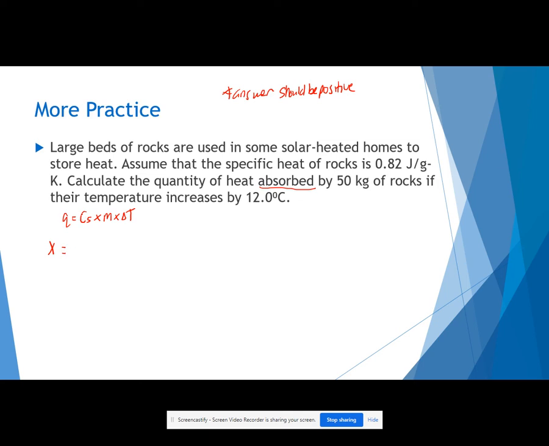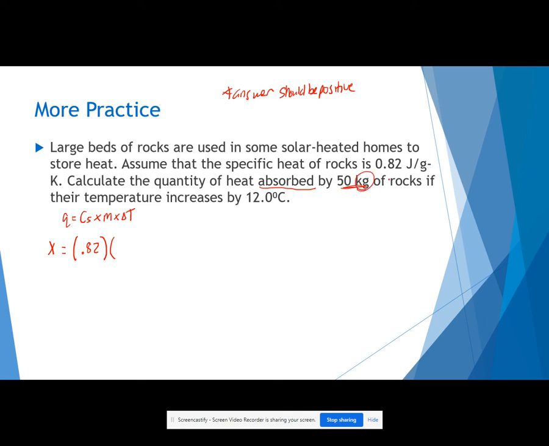The second thing is the specific heat, and it gives us the specific heat. It tells me that it's 0.82 joules divided by grams times Kelvin. The next thing is you have to look for your mass. So my mass is 50 kilograms. Remember, though, you have to make sure that your units match with your specific heat.